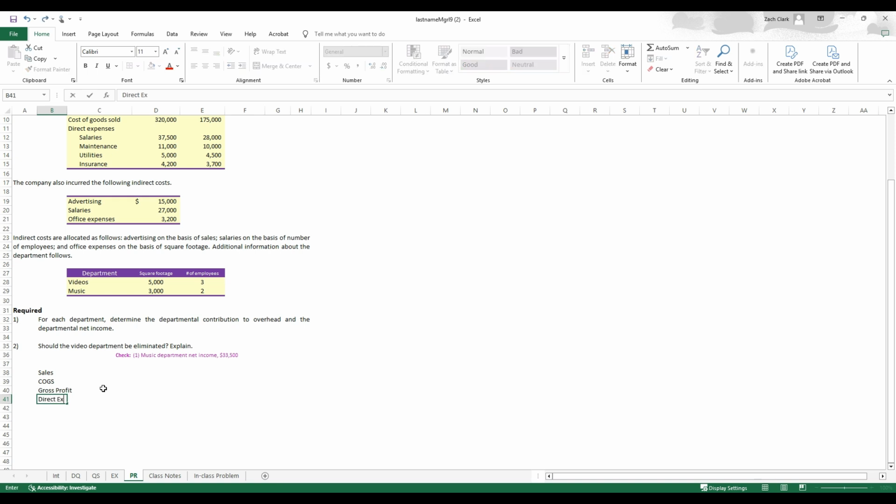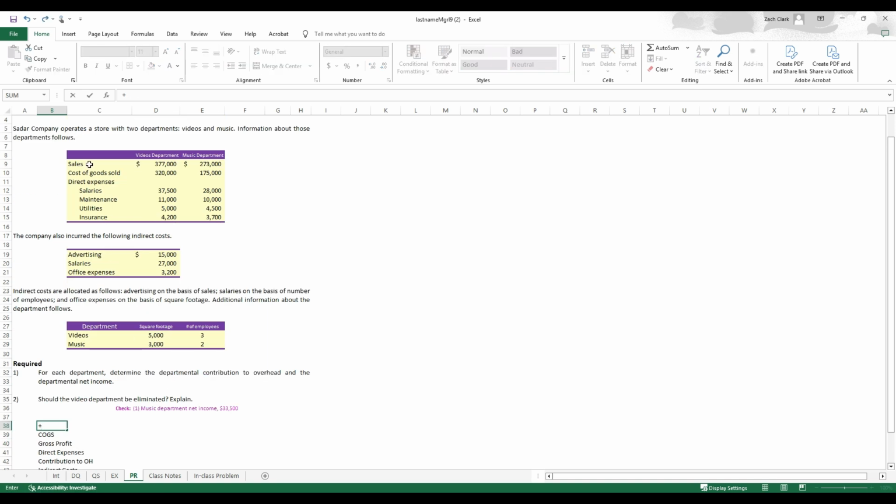Then we've got direct expenses, and that's what gives us the contribution to overhead. And then we've got indirect costs, and that's all. I'll just link to those because they're all together here. Advertising. I guess I could have linked. I kind of like linking as much as I can, actually. Oops, that's a calculation.